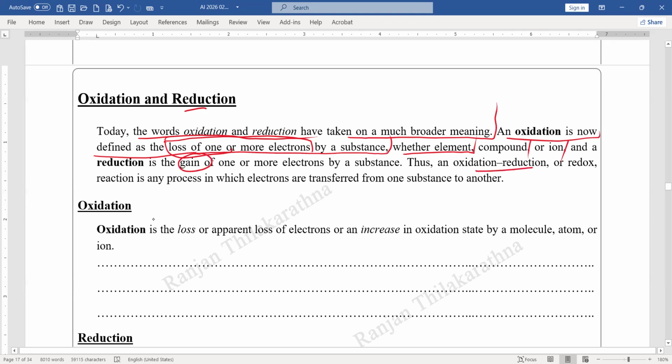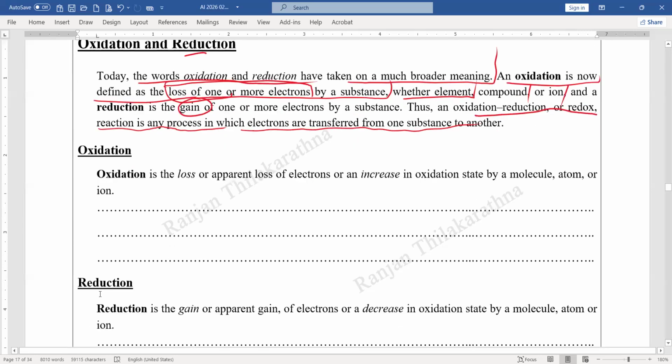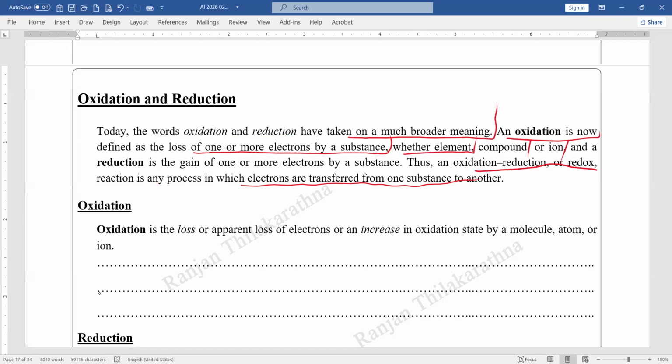Thus, oxidation reduction, or redox reactions, is any process in which electrons are transferred from one substance to another. But oxidation has a broad meaning and sometimes can't be given by a single line.